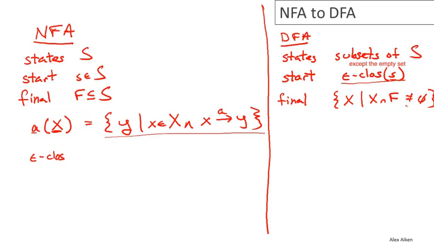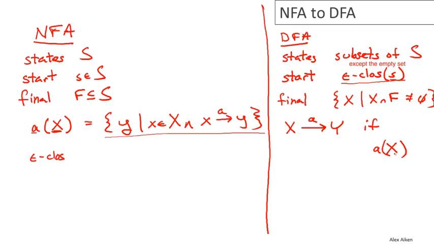And finally, we need to define the transition function. And how do we do that? Well, we need to say that for a given state X and another state Y, when is there a transition between them on some input A? Well, under what conditions will there be such a transition? Let's write them out. So remember, we're in state X. And what do we need to know? Well, we need to know the set of states that we can reach on input A. And we just defined that.